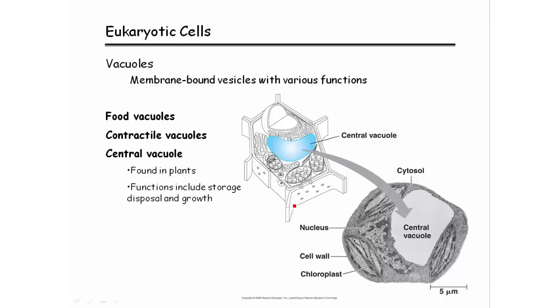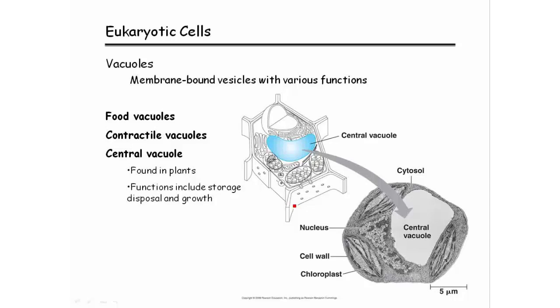It can serve a storage function. If we're talking about the roots, oftentimes food will be stored here, so maybe some starch grains would be stored inside here. We can also store waste inside this compartment. If we're talking about something like a flower cell, there may be a lot of pigments that are stored in the central vacuole. So it can serve a lot of different functions.